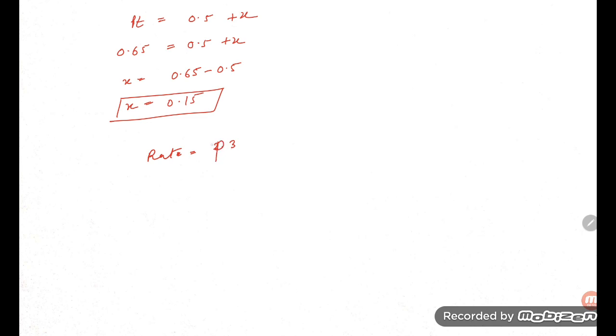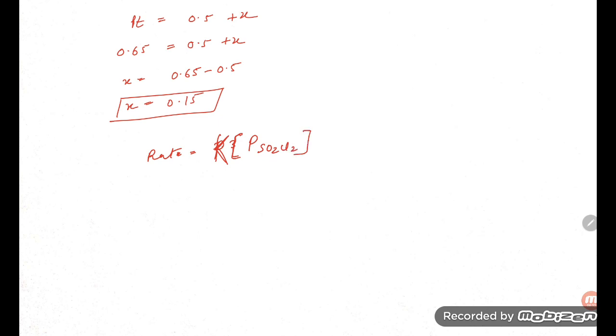If I write, student, rate is equal to K, and here we can write P of SO2Cl2, right?